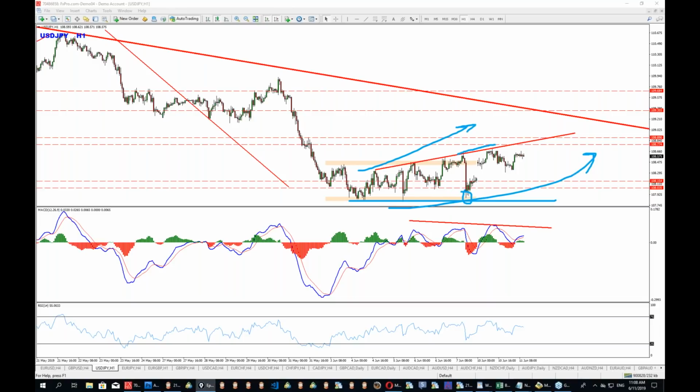I'm not sure what this pattern would be called, some kind of expanding, I don't know what, but it's important for us to follow the levels, not the name. And currently the levels are from these highs. Those are the dynamic levels. I have a zone right here, approximately around 108.80, 90.